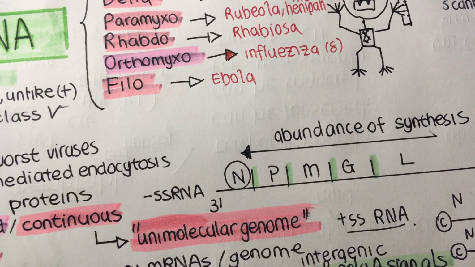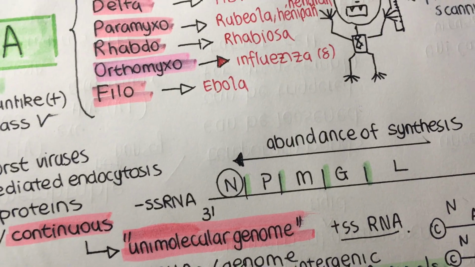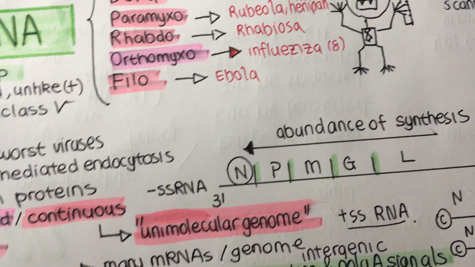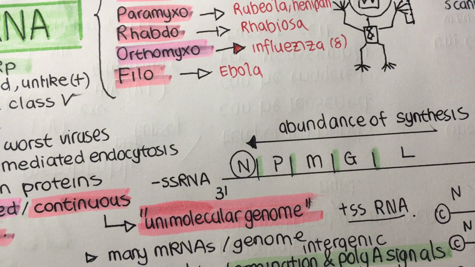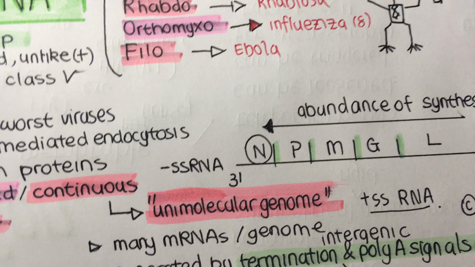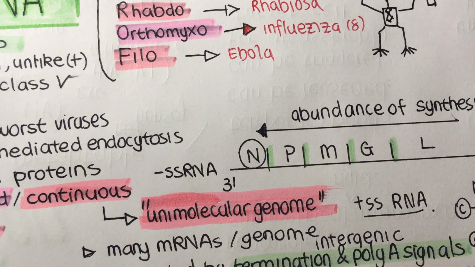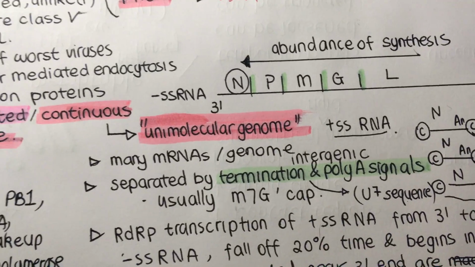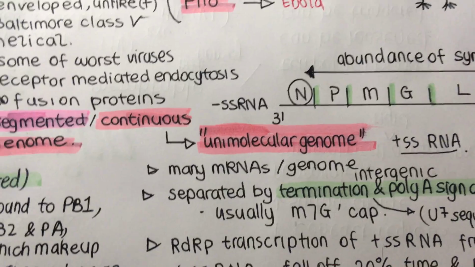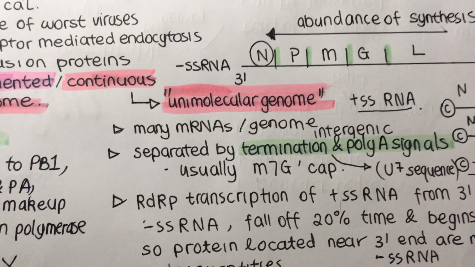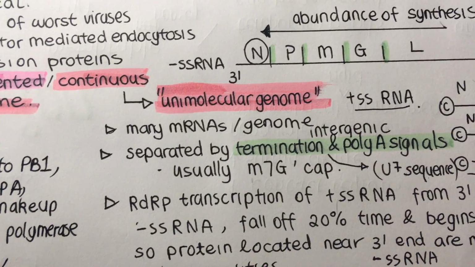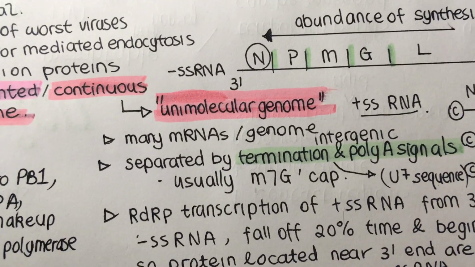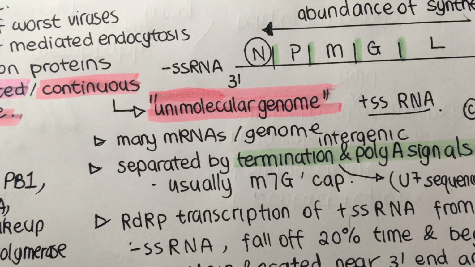And this also means that because the nucleoprotein is located there, it is in the greatest quantity for synthesis. And it is in the greatest quantity for synthesis because it has important structural roles. First in the nucleocapsid formation, then again in the ribonucleoprotein complex, or the RDRP formation.